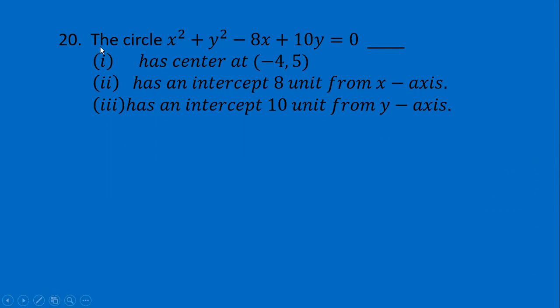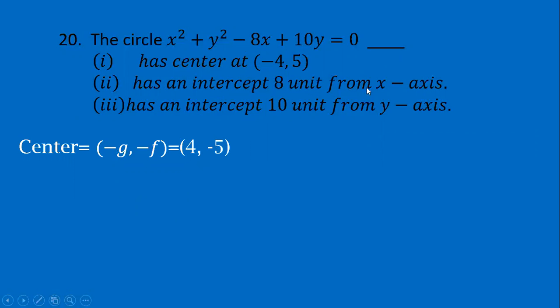Next question. The circle is this, has center (-4, 5), has an intercept of 8 units on the x-axis, has an intercept of 10 units on the y-axis. We have to verify these three answers. So this is the center, (-g, -f). So the first option is wrong. From this (-g, -f), we get the center (4, -5), so this first option is wrong.